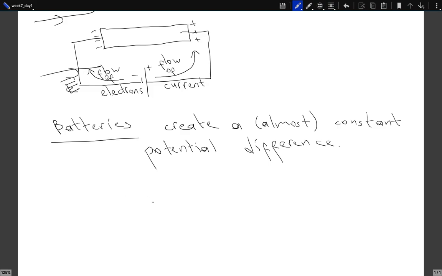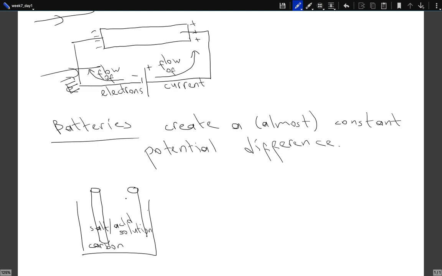So a typical battery that you also find at home is some solution. Salt or acid solution. It can be liquid, it can be solid, it can be various different kinds of chemicals. And inside this solution, in fact, you need to have two different kinds of metals. But the most commonly used one is on one hand you have carbon. On the other side you have the zinc.